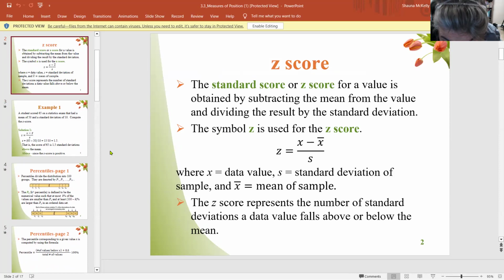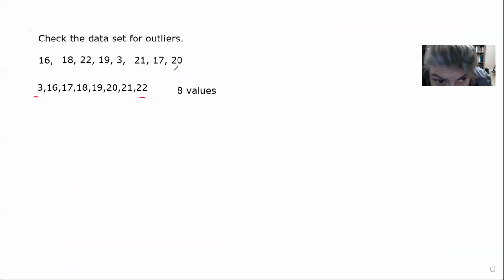If I have an odd number of data values, then I'm going to have 1 middle number. If I have an even number of data values like I do here, then I'm going to have 2 middle numbers. And I'm going to show you that informally first, and then I'll show you the formula.